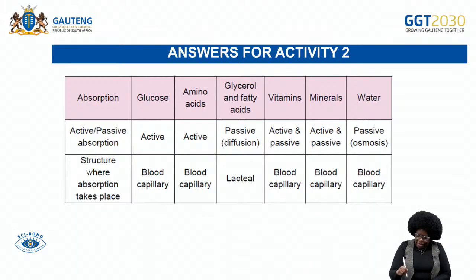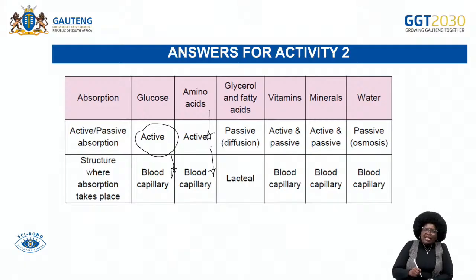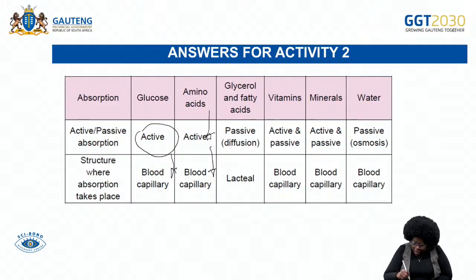Oh, at least my pen is not striking anymore. Right, so we said that active absorption here is for the glucose, and it is taking place by the blood capillaries. Amino acids, active absorption, and it's also happening at the blood capillaries, right?